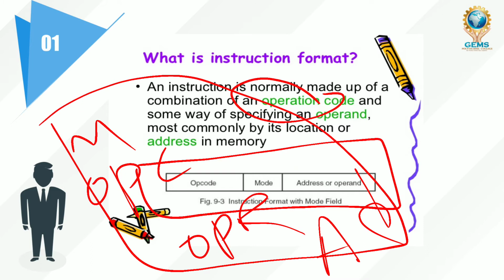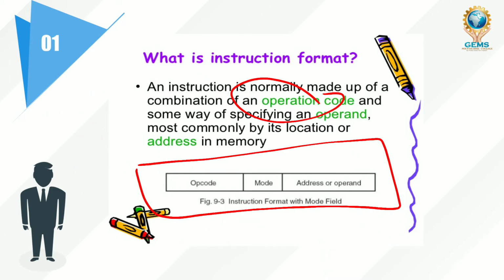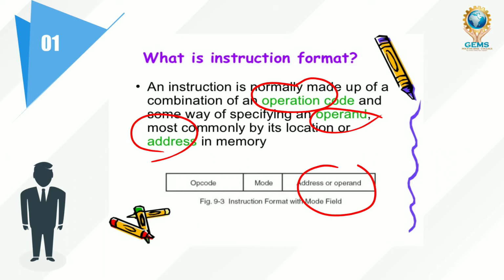So, if you want to say this, an instruction includes 3 parts. One is operation, operand, and address. This is the address mode. This is the opcode.